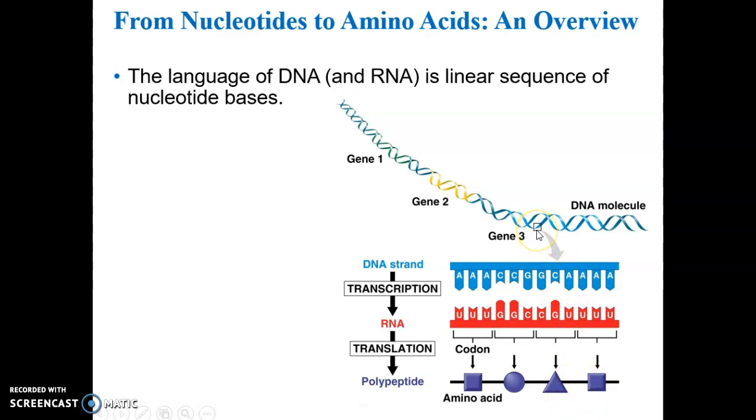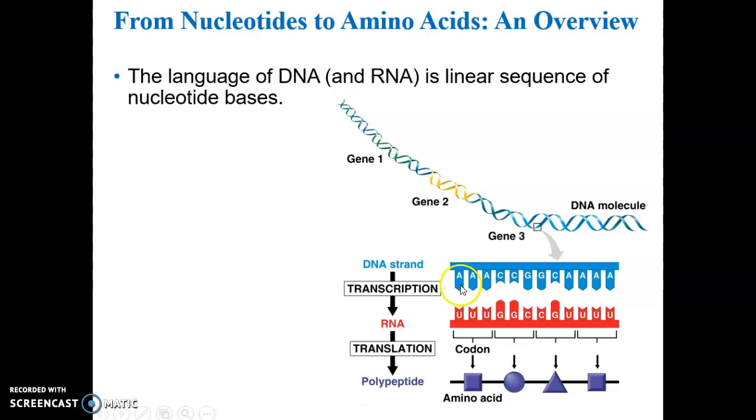But if we zoom in, this is an informational molecule, the DNA molecule, which means genes or alleles are just informational sections of the entire DNA molecule. So it's like a recipe to produce a product, a polypeptide or protein. And the recipe, the language, is the sequence of bases.